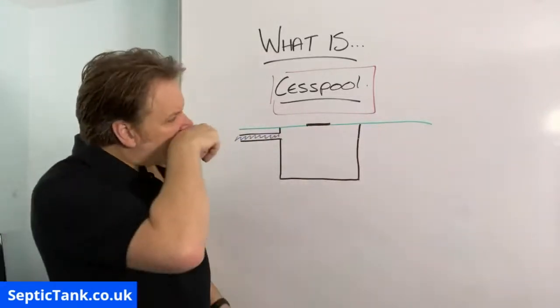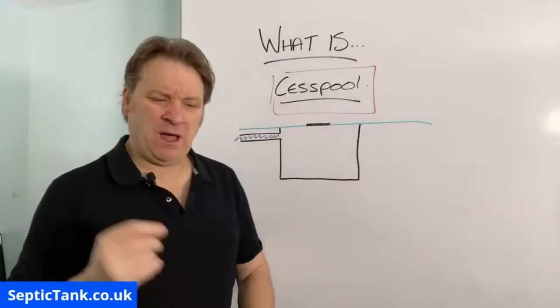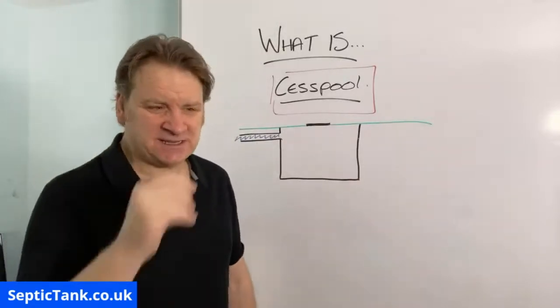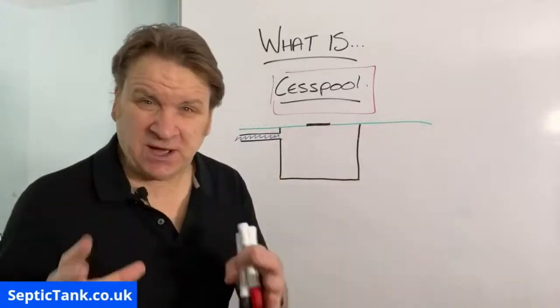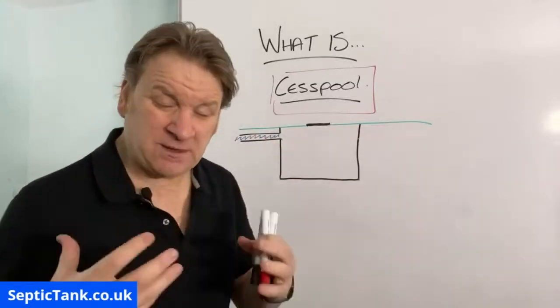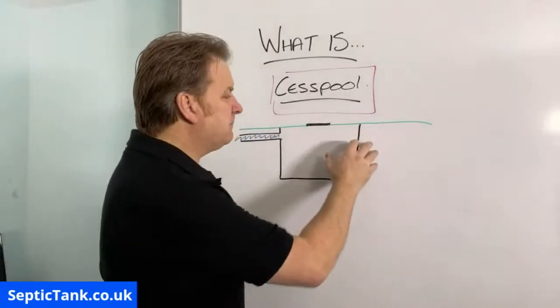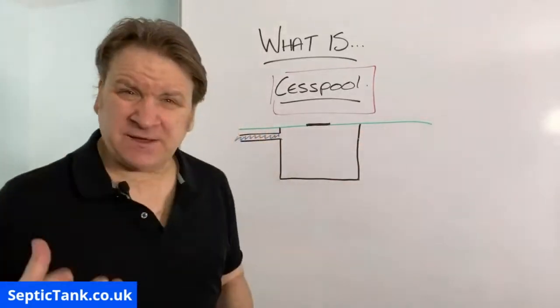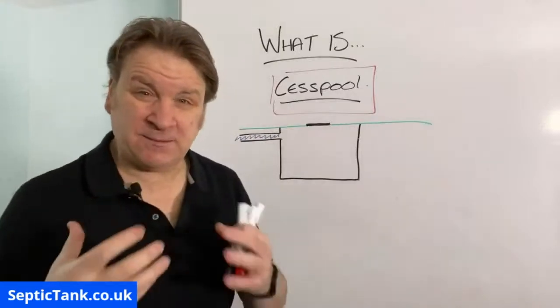Now, cesspools are a thing of the past, and whilst they have their place in certain scenarios, for holding on to toxic waste and the like, they're a lot less of a pollution risk because it's contained. In modern living you don't normally see them in properties now.